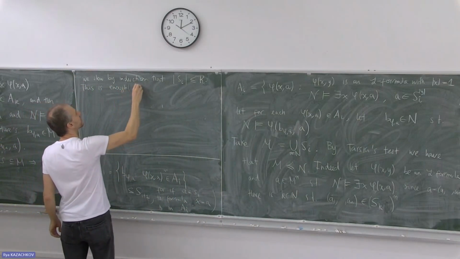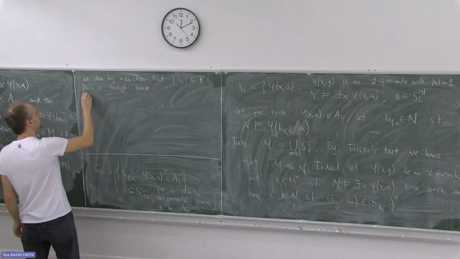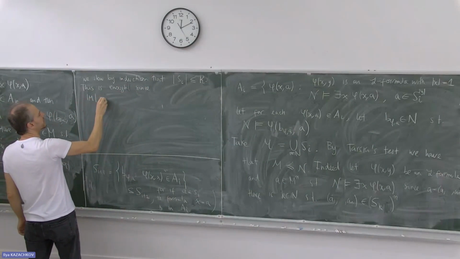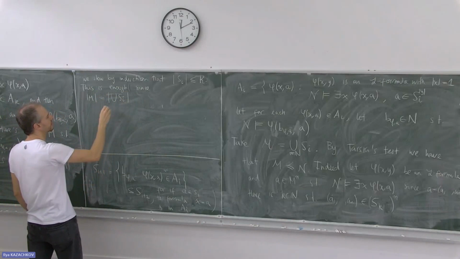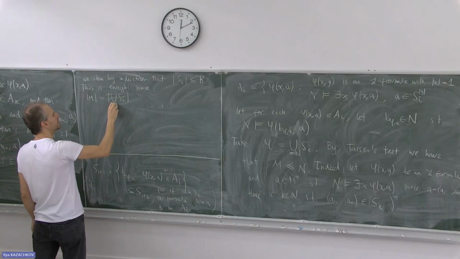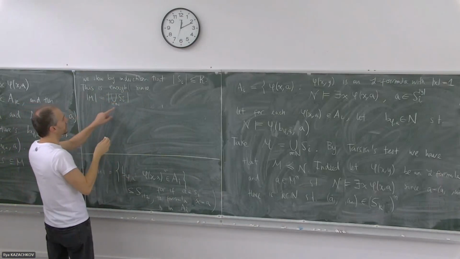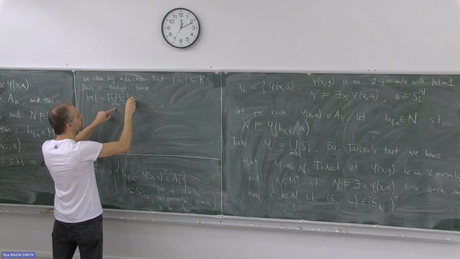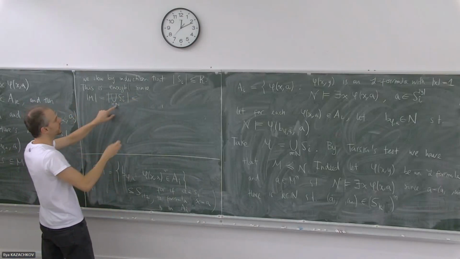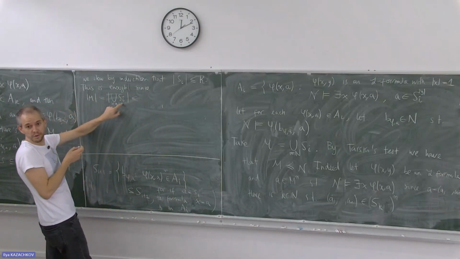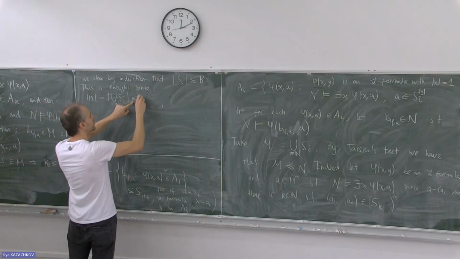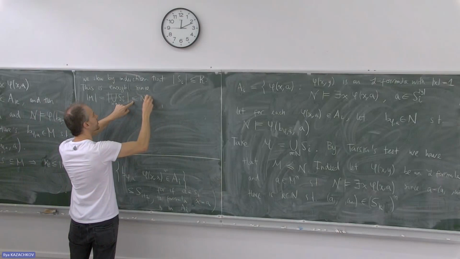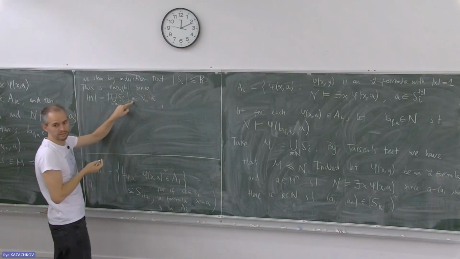This is enough since, well, the cardinality of M is equal to the cardinality of this union of SIs, right? For I in the natural numbers. And then this is, of course, smaller or equal than, if each of them is smaller than kappa, Aleph 0 times kappa, right?